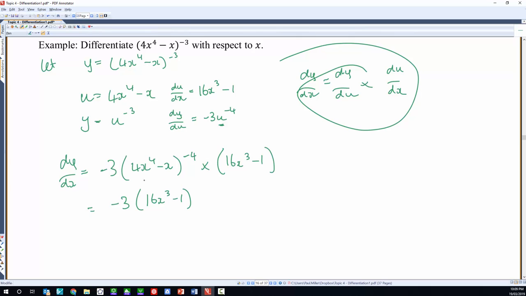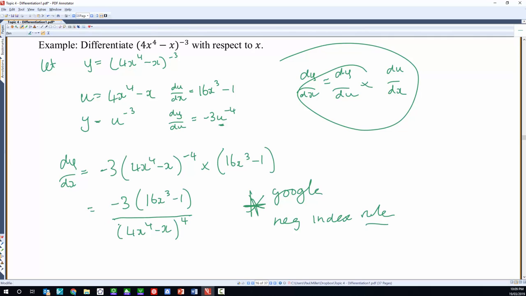And I'm going to grab this portion of the expression and put that into the denominator, which is 4x to the 4 take x, and write that with a positive power, remembering that a shift from the numerator of a negative power into the denominator makes the power positive. Okay, if you need to read more about that, just Google or YouTube neg index rule.